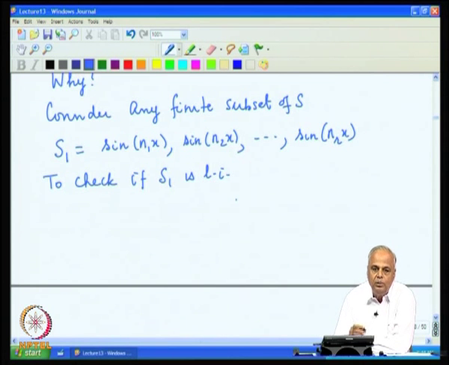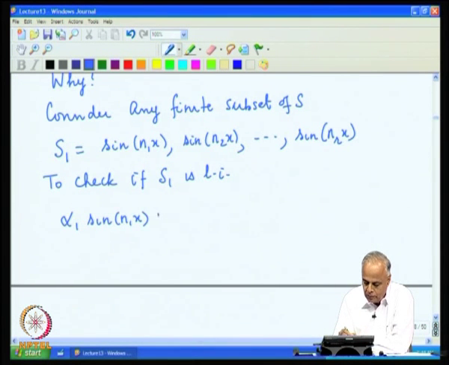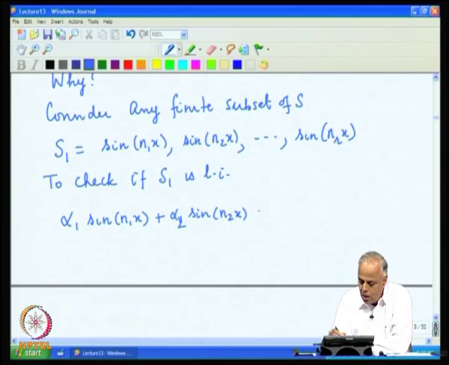So, what do we have to check? We start with a linear combination alpha 1 sin n1 x, alpha 2 sin n2 x and so on, alpha r sin nr x equal to 0.